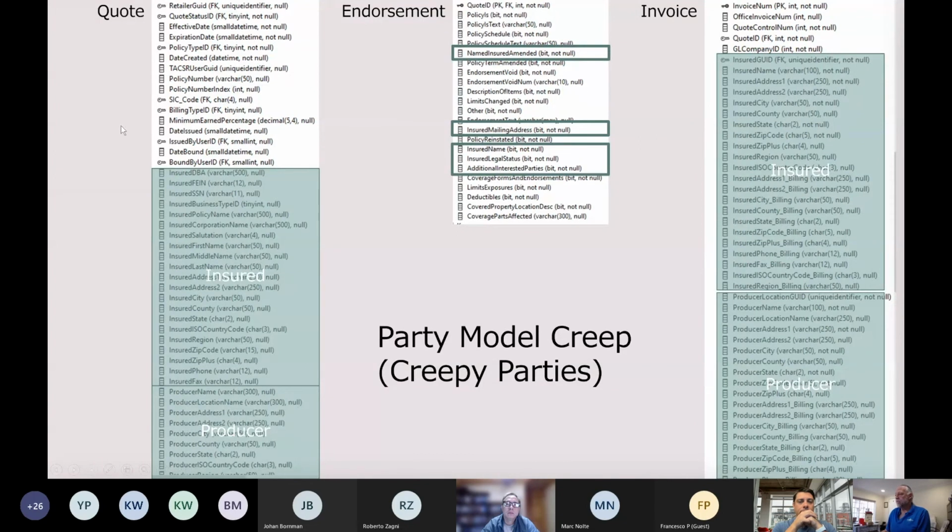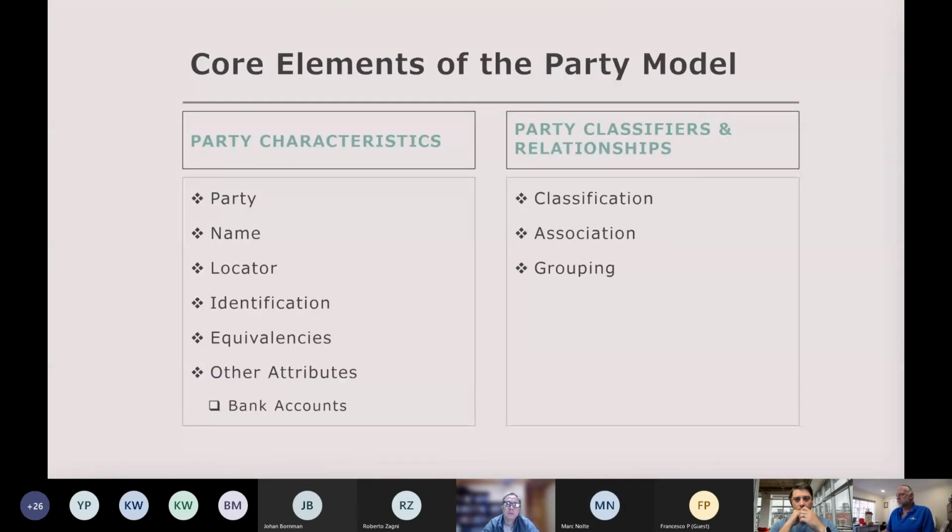And the other aspect comes when you talk about data privacy. Then you have problems understanding exactly where all this data is, and whether you have a single version of the truth with respect to that insured person or the producer or whoever may be a data subject. Okay, are there any questions?